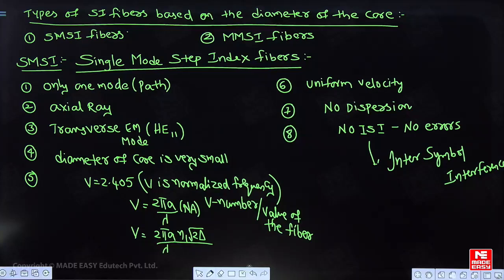That is why the V formula is V = 2 pi a by lambda times the numerical aperture. So it combines the information about three important design variables of a fiber, and that is called V.